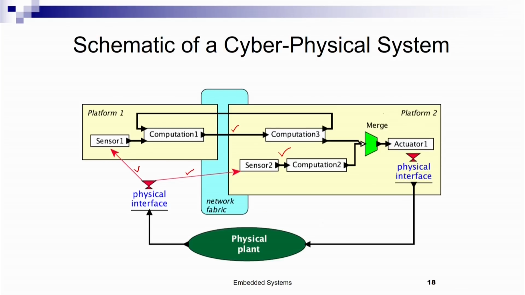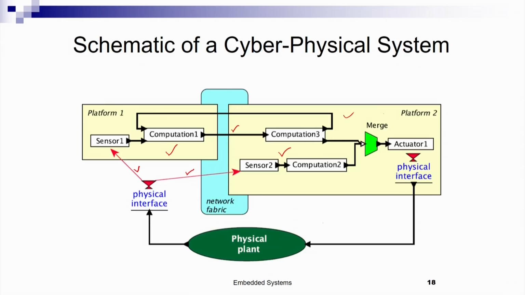Now, computation 3 and computation 2 together tell me what should be the change in air fuel mixture in the fuel injection system, so that the desired throttle can be achieved. So, therefore, this cruise control system and the fuel injection system collaborate with each other.